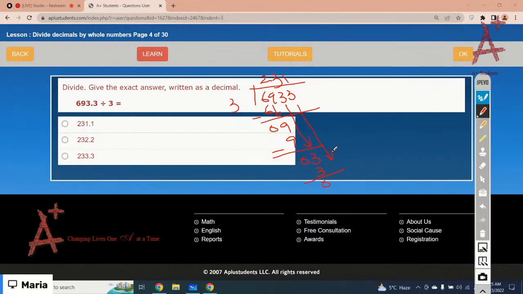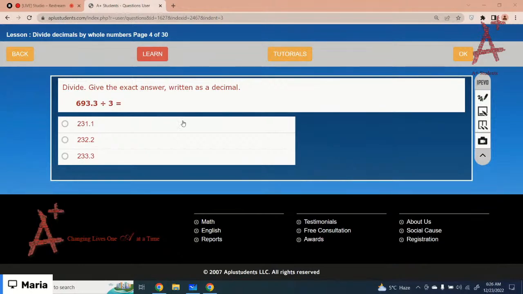Bring the next digit down. 3 times 1 is 3. Got it? So that is 2311. So you have just one decimal place in the dividend. So you have to add the decimal one place left. It would be 231.1. So the correct option is the first one. Got it? So just select the correct option and click on the OK button.